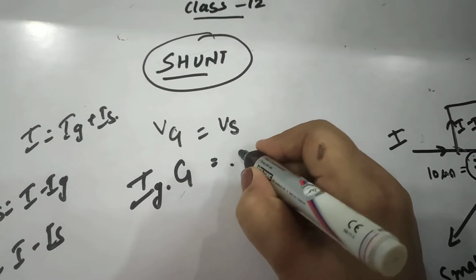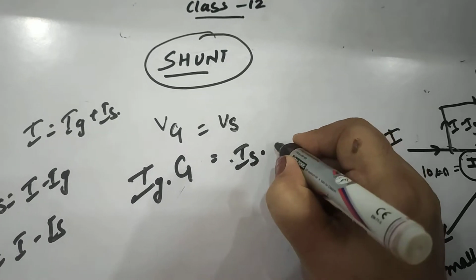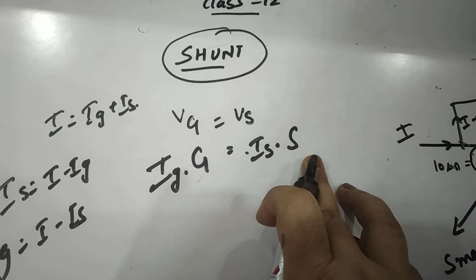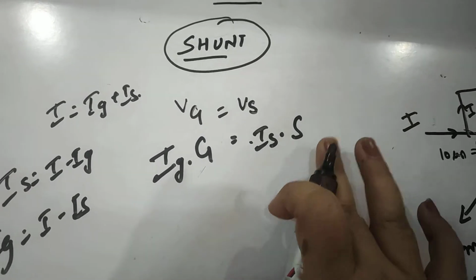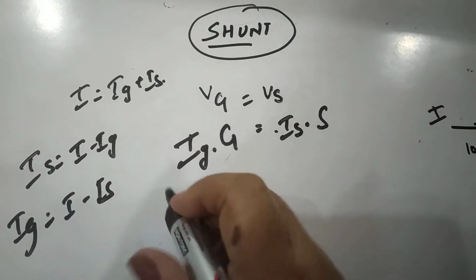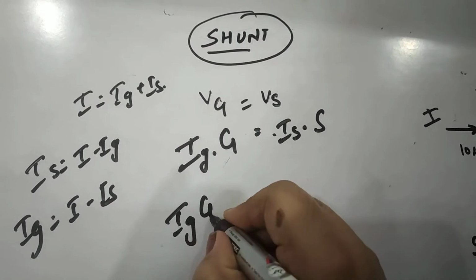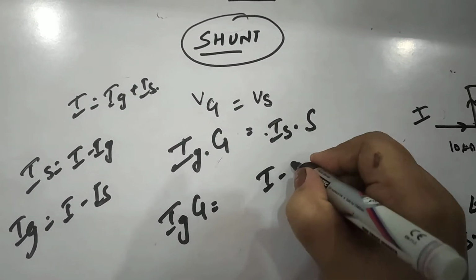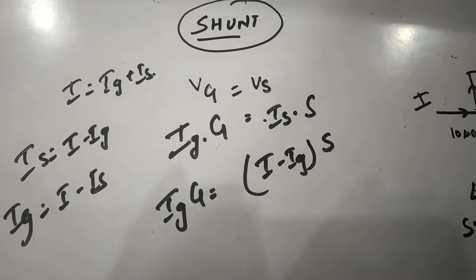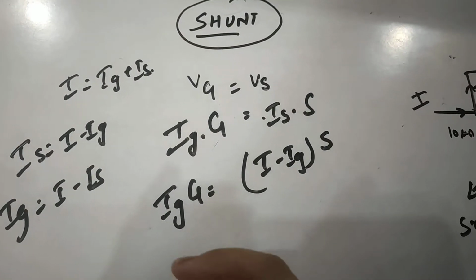Similarly, Vs can be written as Is into S, where S represents the resistance of the shunt. Firstly, we can put the value of Is from here. So Ig into G is equal to (I minus Ig) into S. We need to find Ig from here.